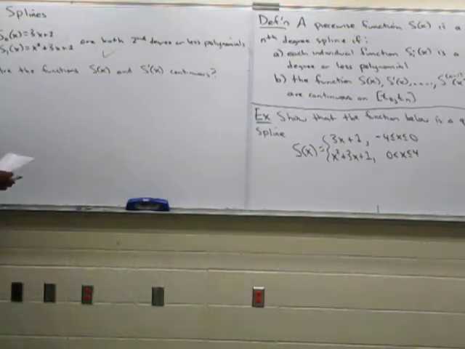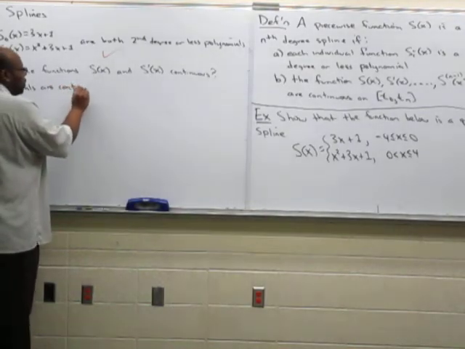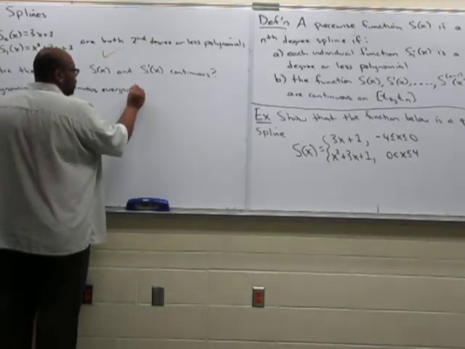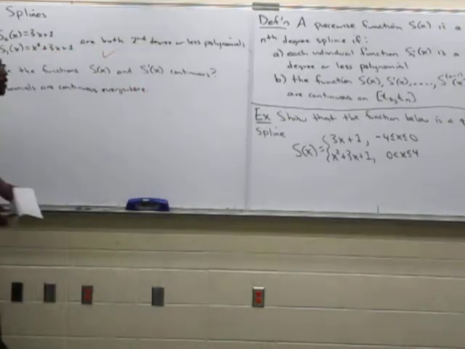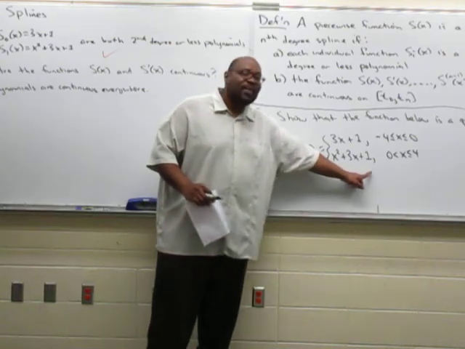Are they continuous? Now, we got to make sure that we remember our algebra. Polynomials are continuous everywhere. So we know that 3x plus 1 is a continuous function. We know that x squared plus 3x plus 1 is a continuous function.